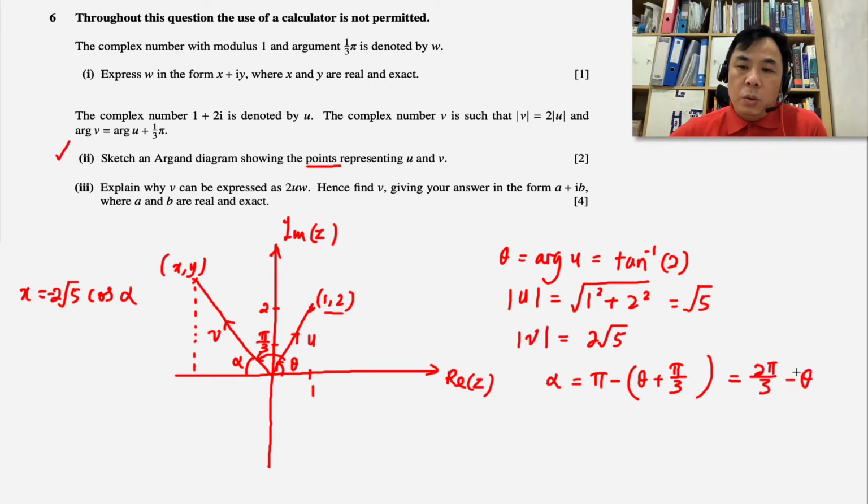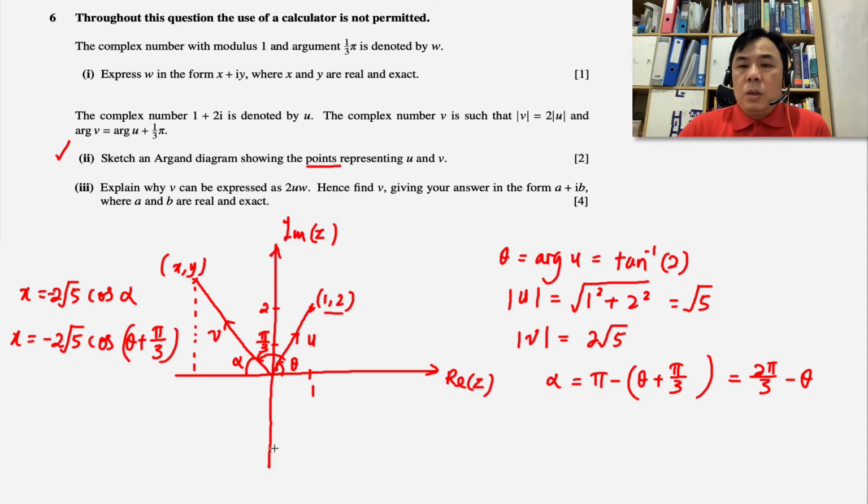But anyway, you don't really need to do anything at this point. All you need to do is just substitute this. And then we know that the cosine of this must be equal to a negative. Therefore, at this point, we can write down this as negative 2 root 5 cosine of theta plus pi over 3.